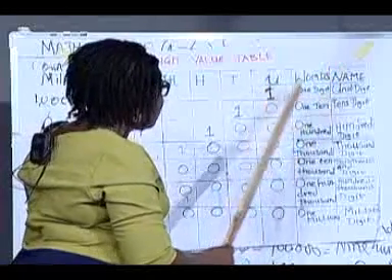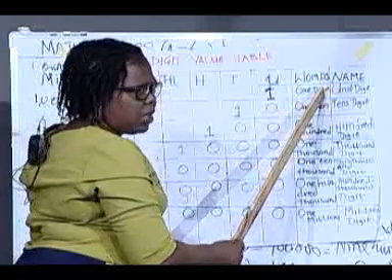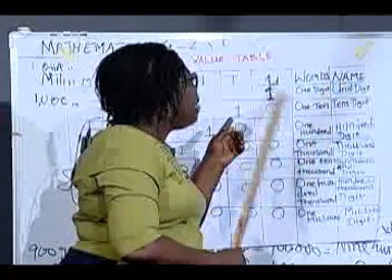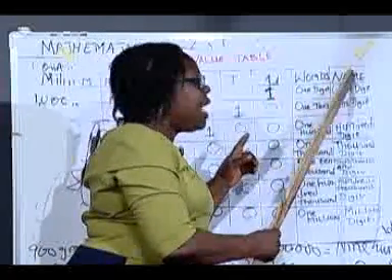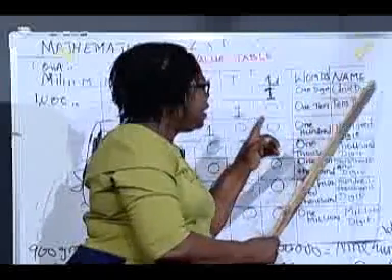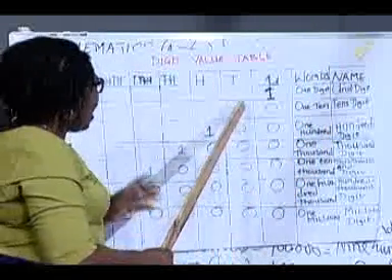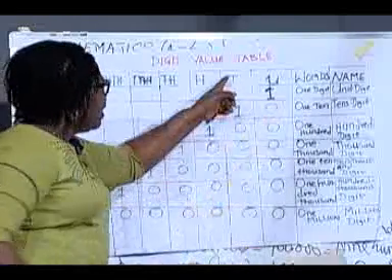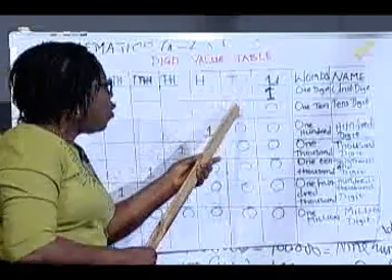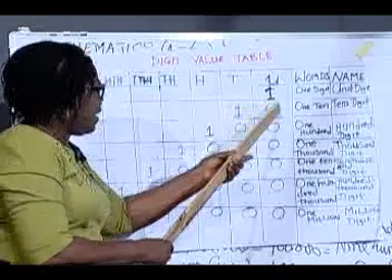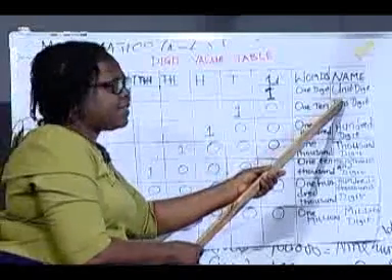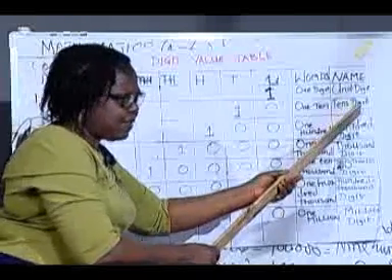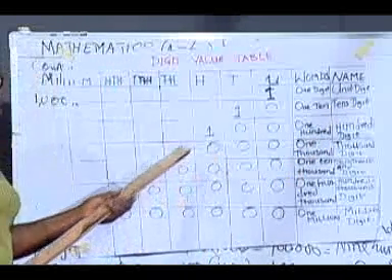This one is a 1 digit number, and the name is unit digit. And then when we have 10, the name is tens digit, because under tens here is only 1.